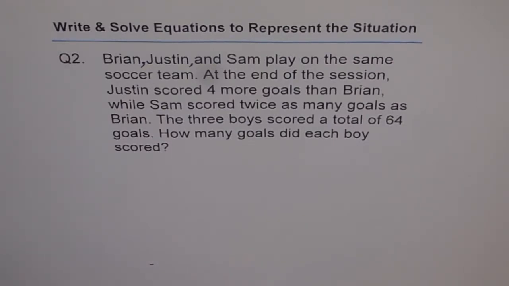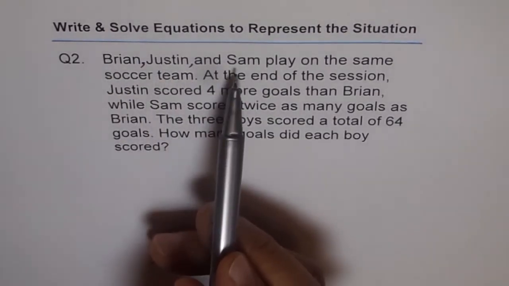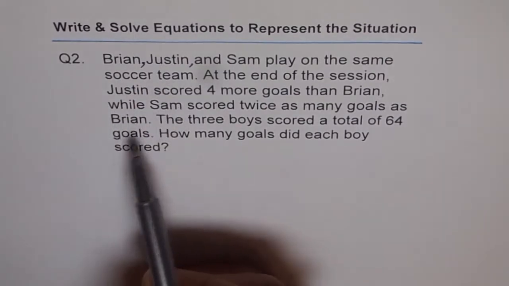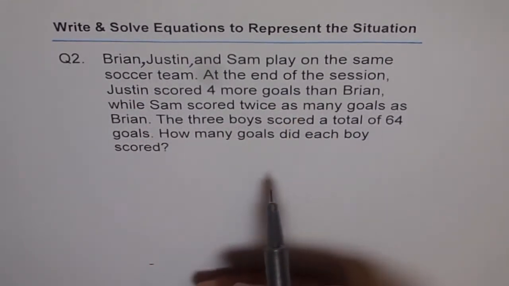So that is the problem. If there is a word problem, you should read it at least twice and then try to define variables. Variables should be meaningful. For example, here the problem is Brian, Justin, and Sam, they are the 3 players who play on the same soccer team, right? And they are scoring some goals. Total of those goals is 64.